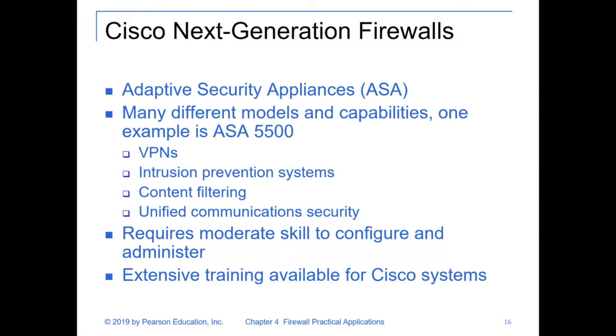Has content filtering, unified communication security. Once again, disadvantages, the cost could be prohibitive, and you also have to have at least moderate skill to configure. One of the big advantages is there is extensive training available for Cisco systems as well.